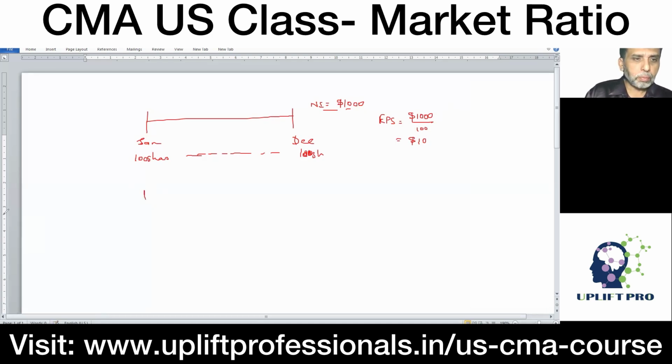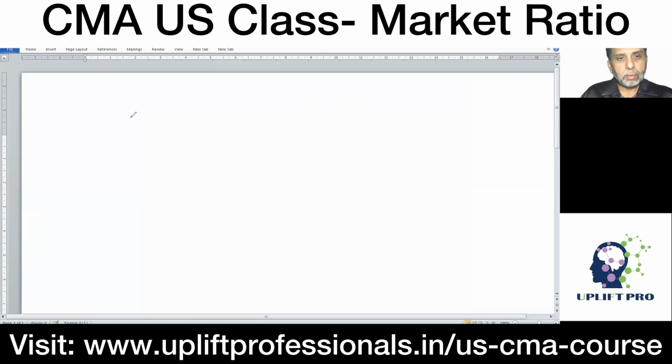I'll not put too many figures. I'll erase this. Okay. Jan to December again. In Jan, we started with 100 shares. And the net income at the end of the year was 1,000, as usual.